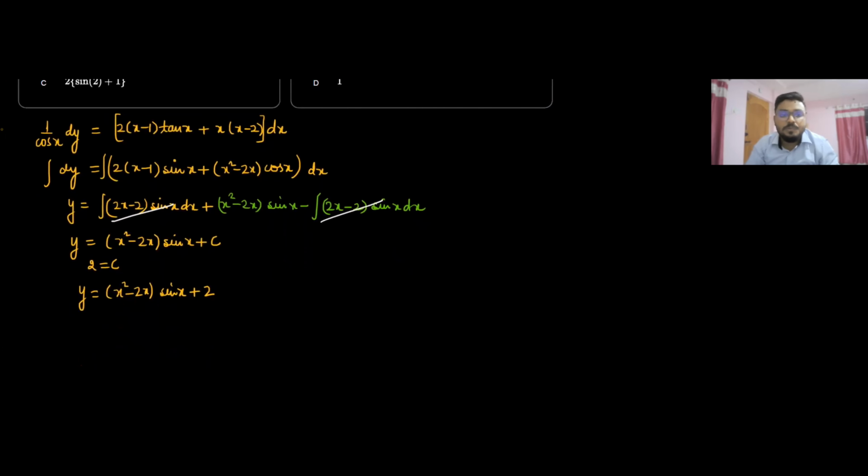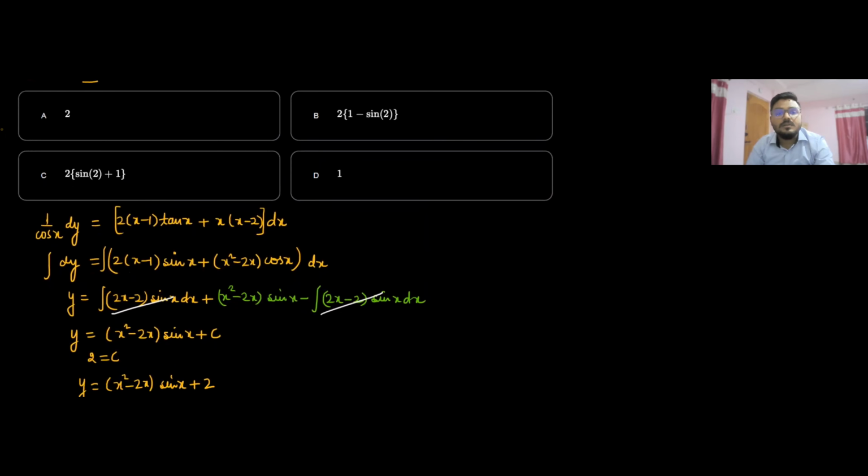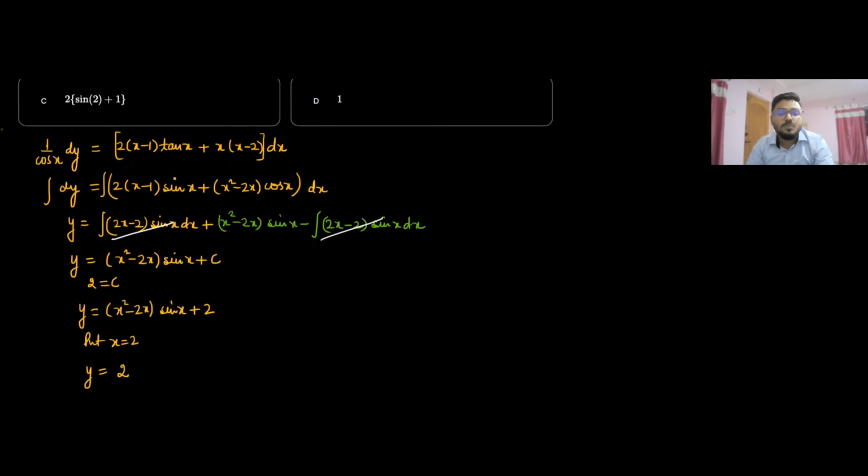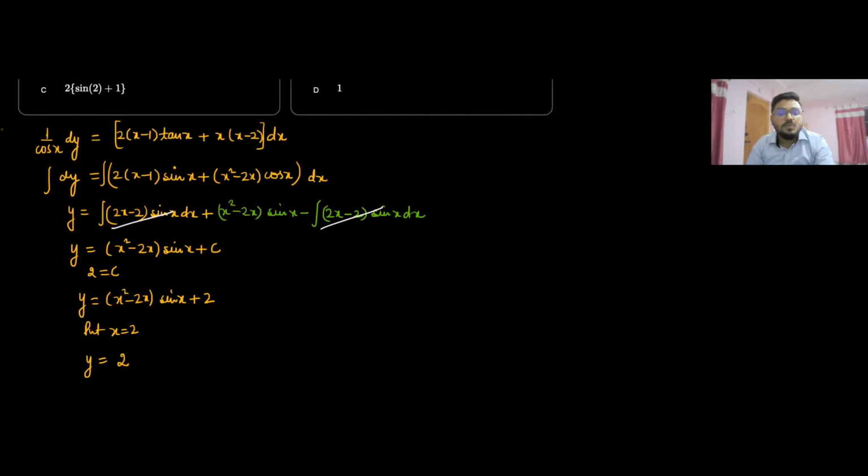Putting x equal to 2 here, y will be 4 minus 4, 0, 0 plus 2. So y equals 2. All right. So option A is the correct answer.